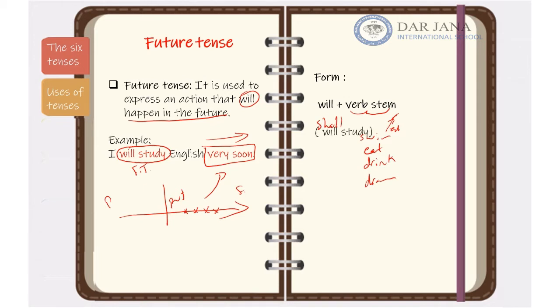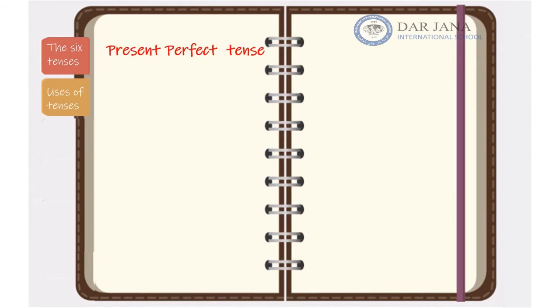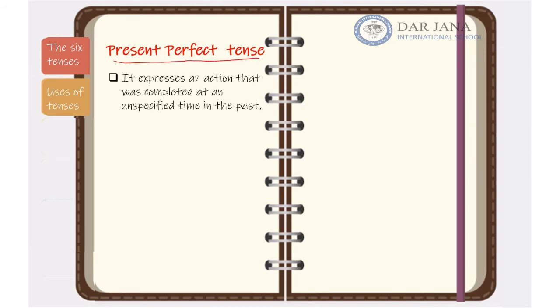All right, so let's move on now to the present perfect tense. This is the most troublesome for most students. The present perfect tense has two conditions. First, it can express an action that was completed at an unspecified time in the past. So unlike the past tense, there is no time specified.